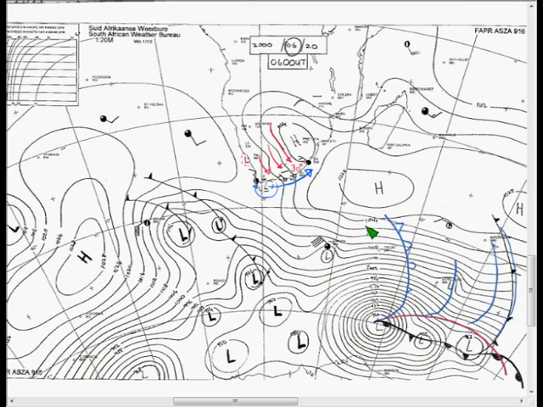Let me just spell it out for you, because this is a very good example. It's an occluded front, and notice we mark an occluded front with alternate sharp points and round symbols to indicate that the cold front has caught up with the warm front. The weather conditions associated with this, notice this is a particularly strong storm.